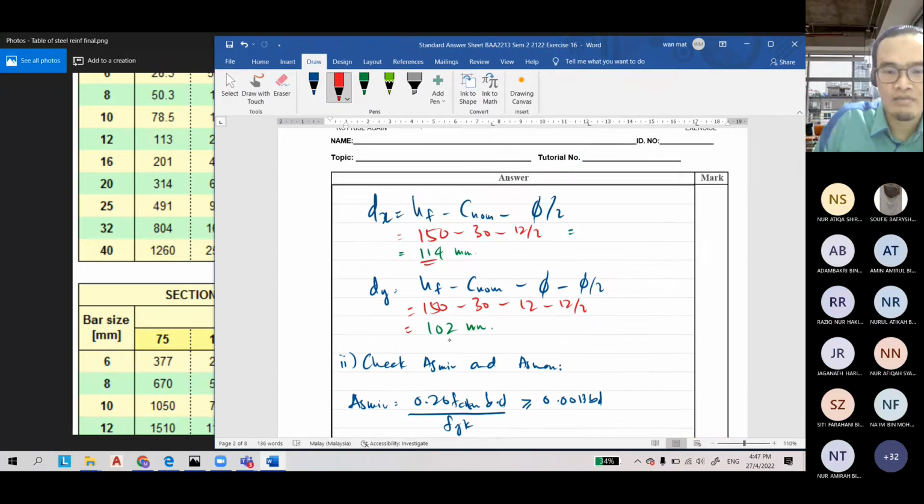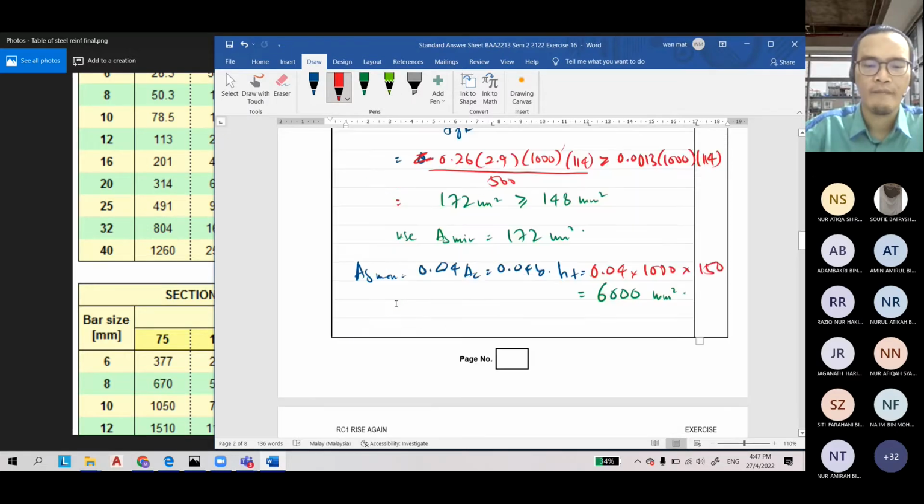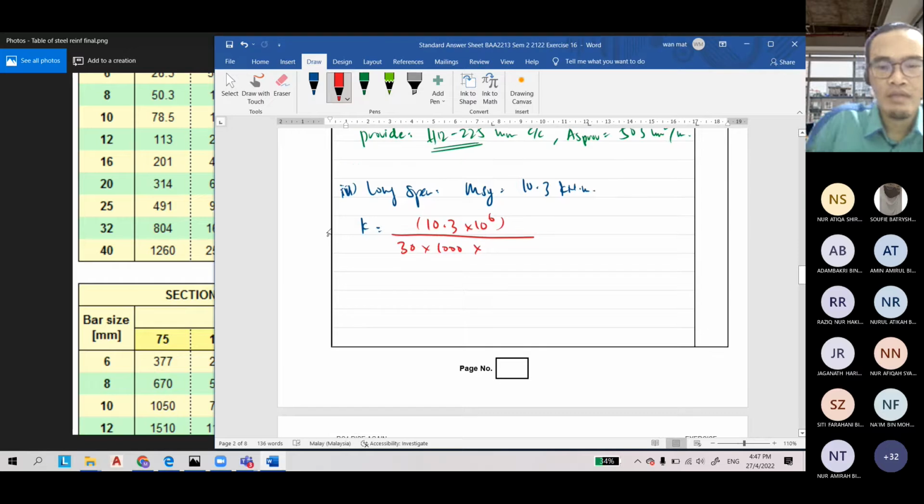You select the 1 or 2. Please don't make the silly mistake. For the long span, D belongs to dy, 102 square. So what is the answer? 0.033. Okay, good. Lesser than 0.167, so this is also singly reinforced.